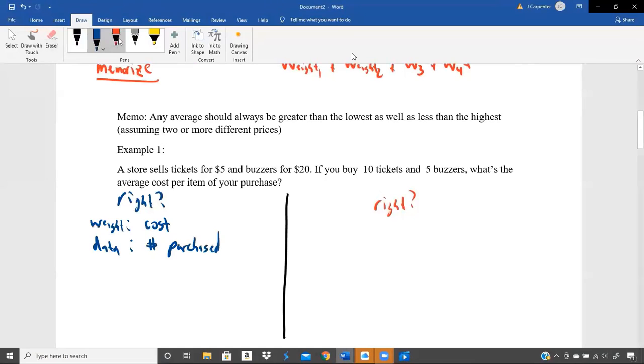So my point here is that I'm going to do this whole thing a second time where I swap what I call weights and data. We're going to do all the math for the blue one, then we'll do all the math for the red one. But when we do the red one, I'm going to say that the weight is the number purchased and that the data is the cost.